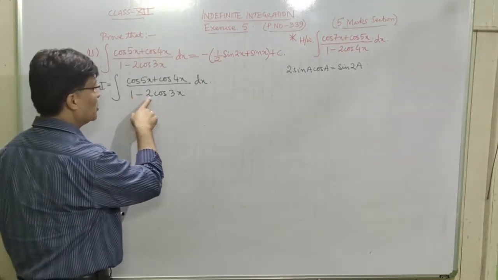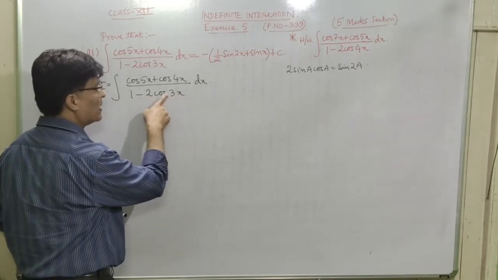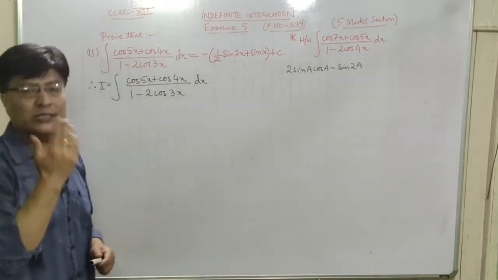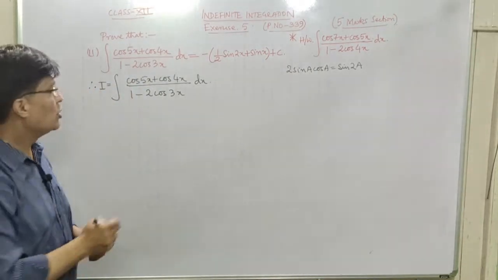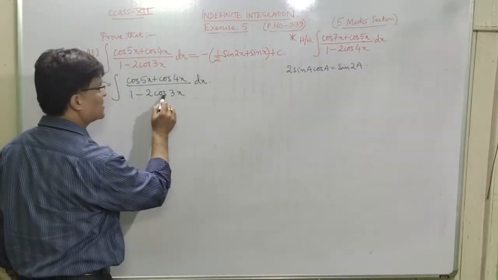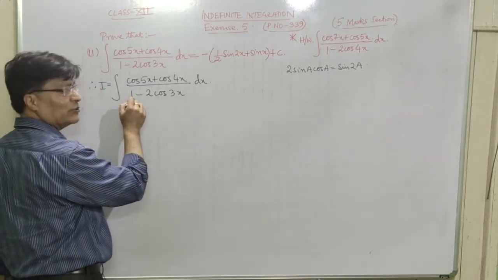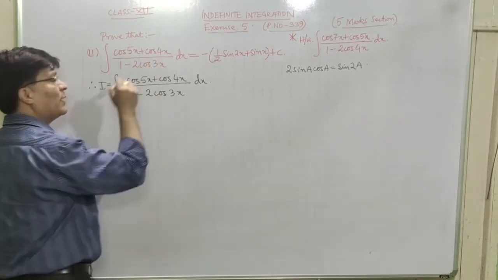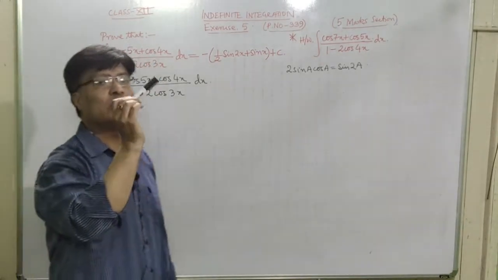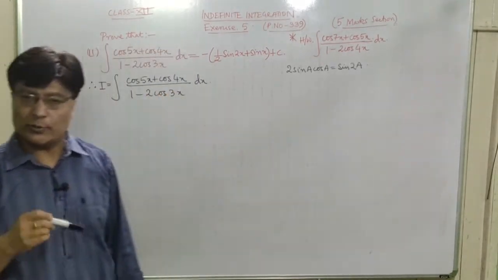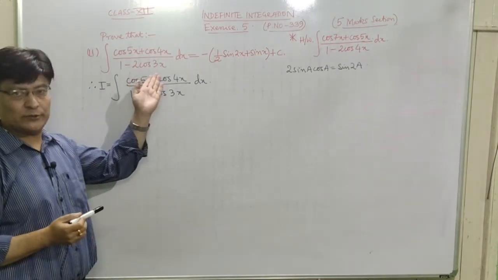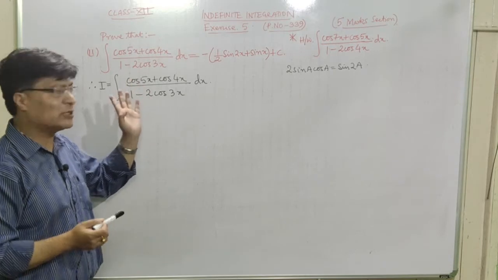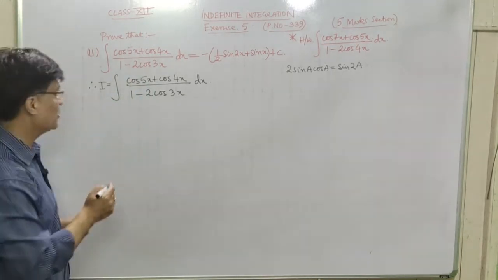So here you have to multiply this 2 cos 3x by sin 3x so that you can use the formula of 2 sin a cos a, which is equal to sin 2a. If you multiply this second term by sin 3x, you should multiply 1 by sin 3x. If you multiply the denominator by sin 3x, you should multiply the numerator by sin 3x, so that it will be cancelled, and you will get the same expression. So in this case, you have to multiply both numerator and the denominator by sin 3x, okay.